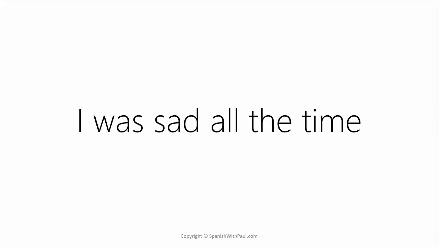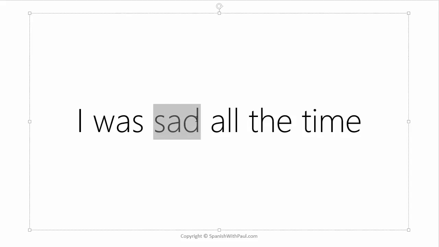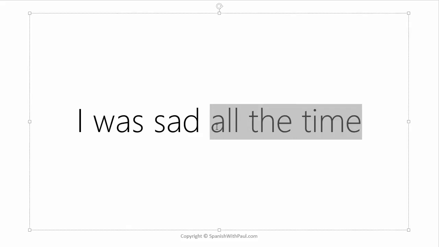Let's look at this one. We have I was sad all the time. So I need to decide ser or estar, and I'm going to go with estar because being sad is an emotion. And next I need to decide if it's a line past or a dot past. Well, all the time, that's a line in the past.